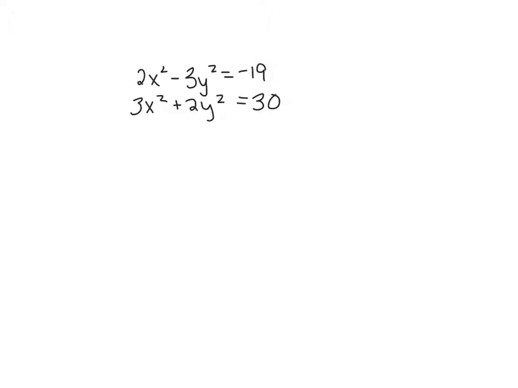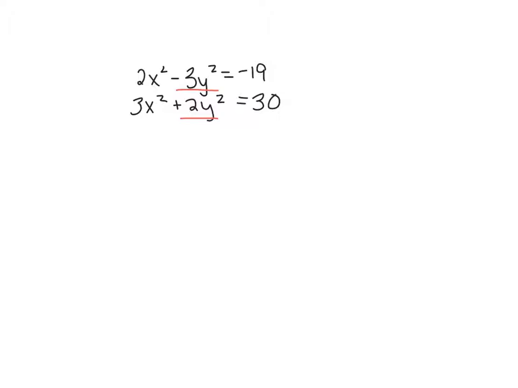So that means I'm looking at negative 3y squared and positive 2y squared. And when I add these two values together, I want them to go to 0. So I need to figure out what I have to multiply the negative 3 by and the 2 by so that when I add them together, it goes to 0.